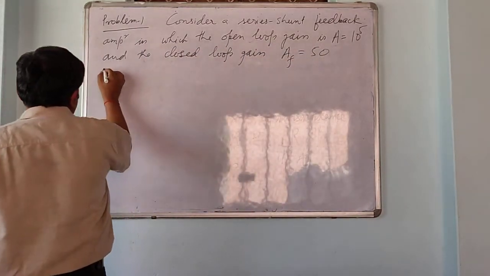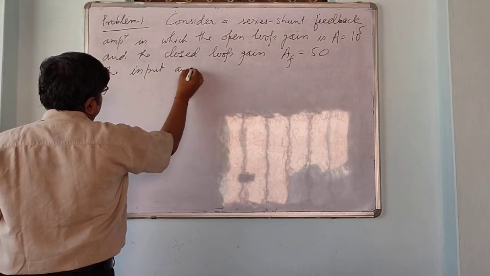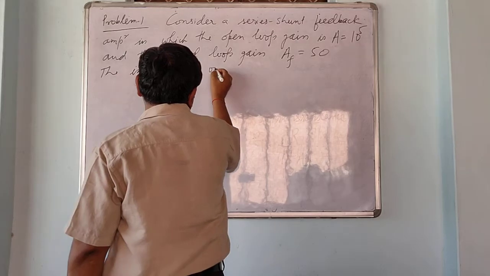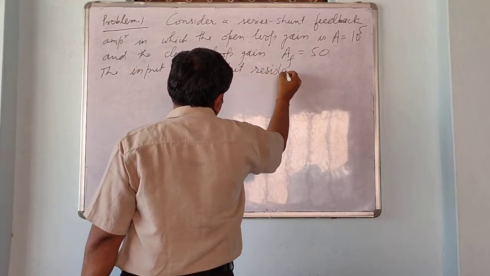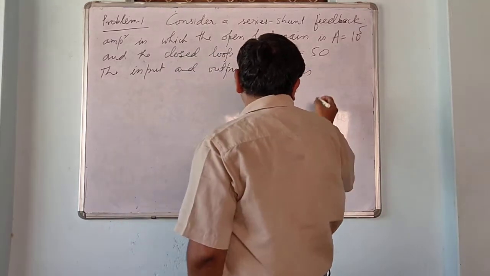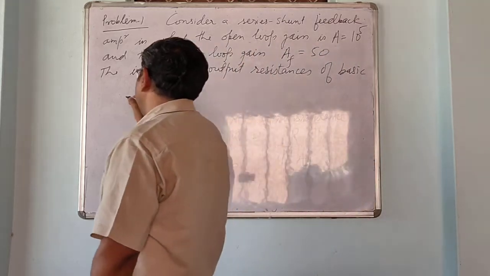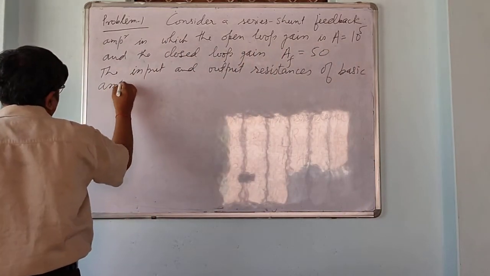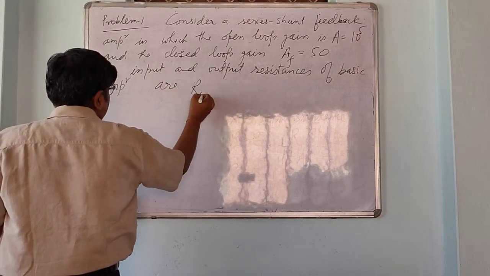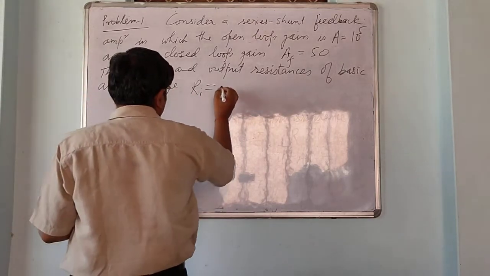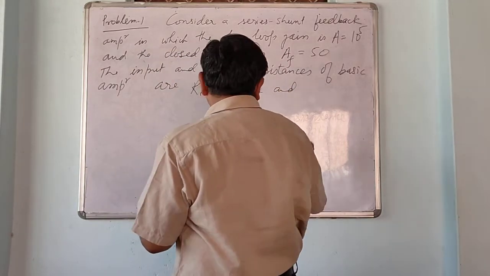And input and output resistances of basic amplifier are 20 kilo ohm and 40 kilo ohm.